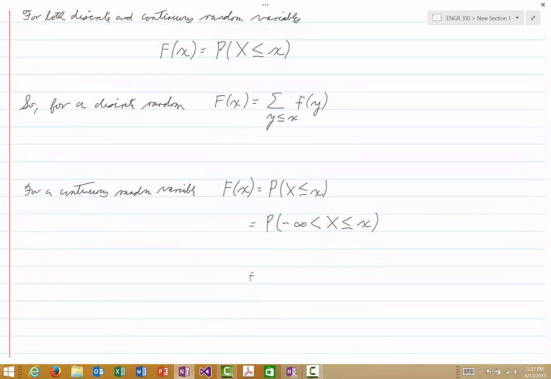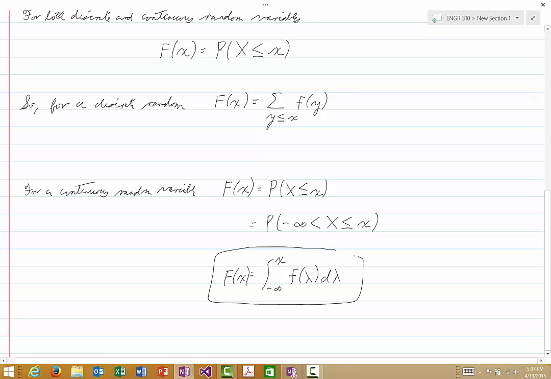So we have the integral from negative infinity to x of little f of lambda d lambda. And that is the relationship between the density function and the cumulative distribution function for a continuous random variable.